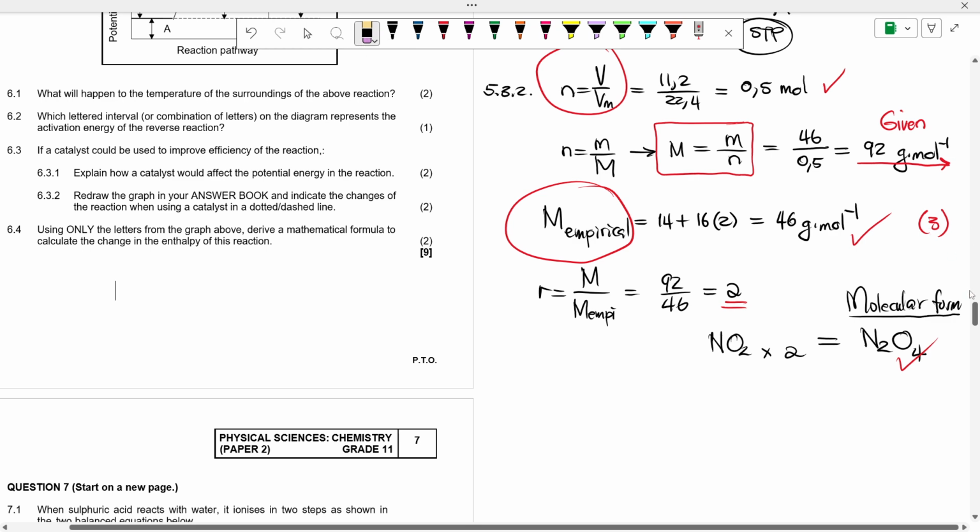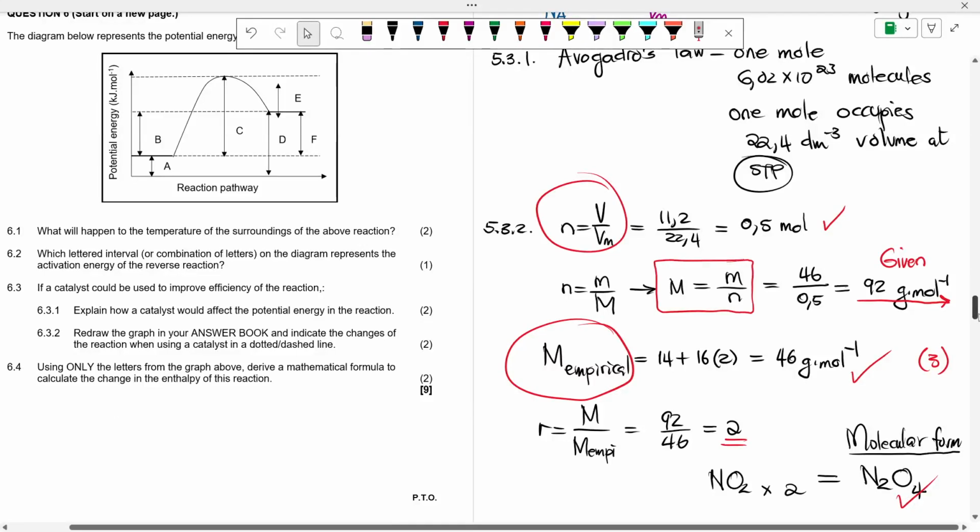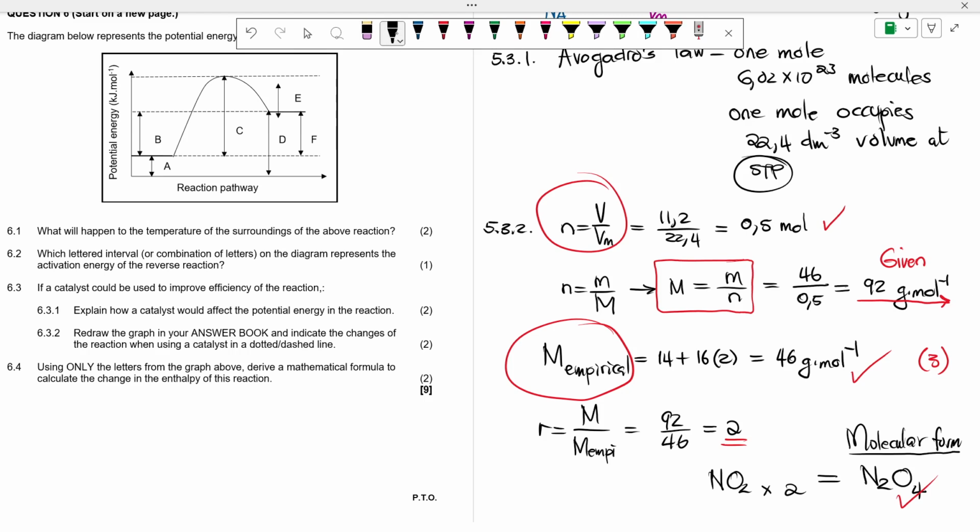Then one more thing I need to mention for empirical formula is that if you don't get an actual whole number ratio when you divide by the smallest, you remember to just test small values like 2, 3, 4, 5, 6, 7 to try and make it a whole number. And we say that if maybe the ratio is 2.1, that's good enough. You can just round off to 2.